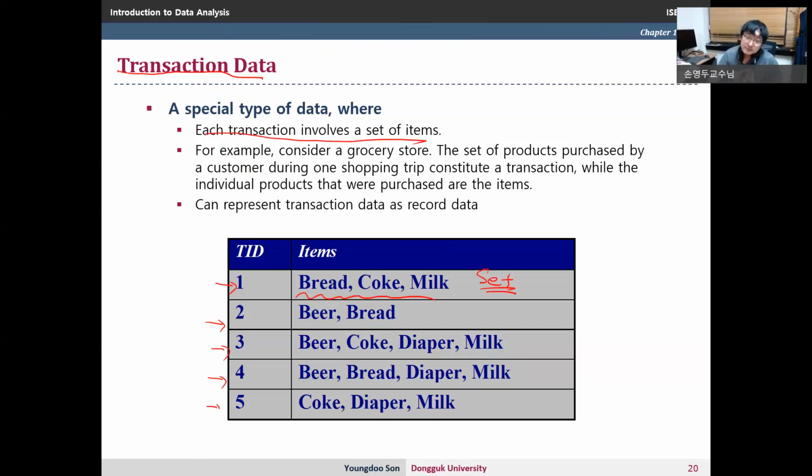A set means that it has elements, and the order of elements is not important. So here transaction ID 2 has items beer and bread, and since this is a set, beer and bread is the same as bread and beer. So the order of items in the transactions is not important.